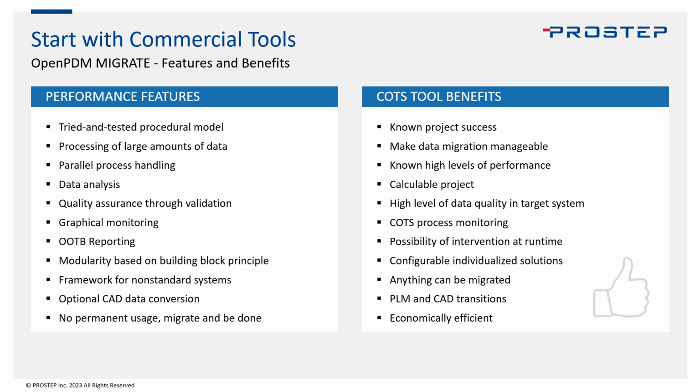Also with the commercial off-the-shelf tool, you have something that's known to be successful and you have a known commodity to performance, to what the expectation of a migration might look like. And you can easily then leverage that in order to calculate project durations, make sure you have the right architecture and process procedures, things like that.